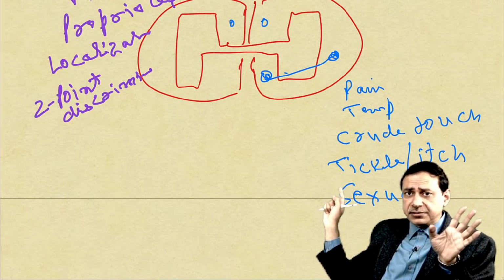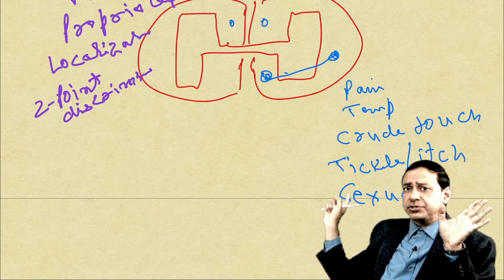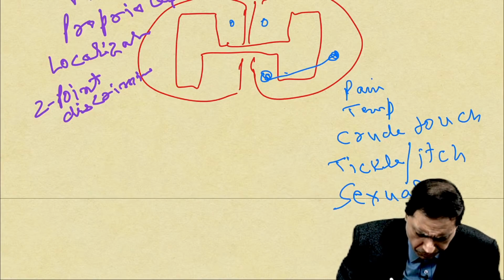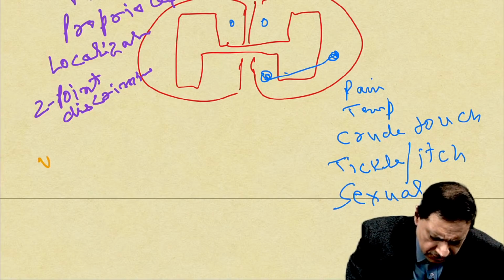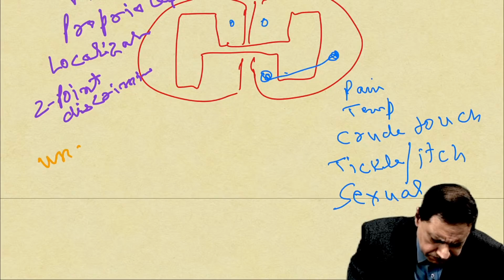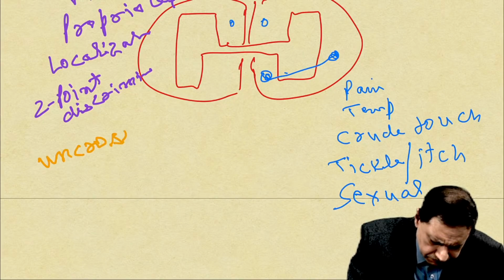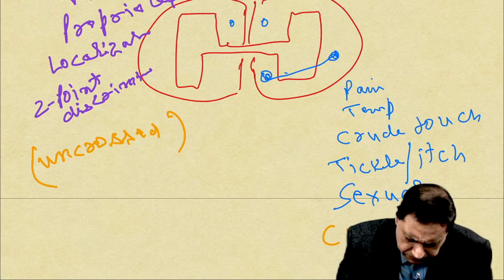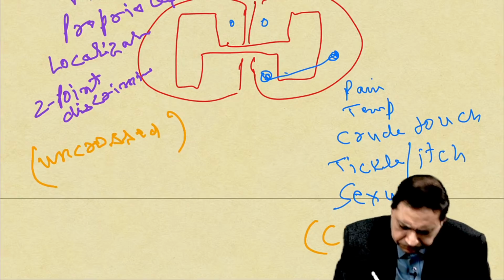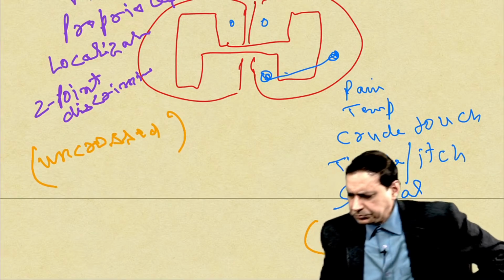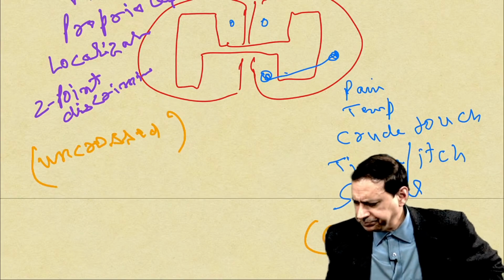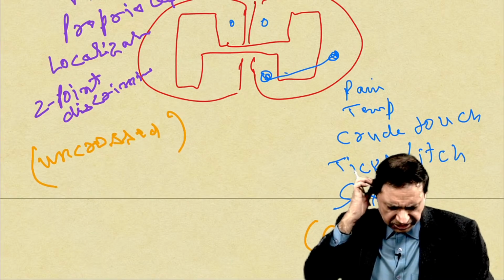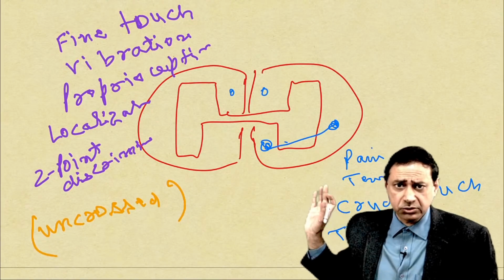Questions are regularly asked. Even last year a question was asked from this. This is uncrossed, and this is a crossed system. Just try to remember, try to mug up.